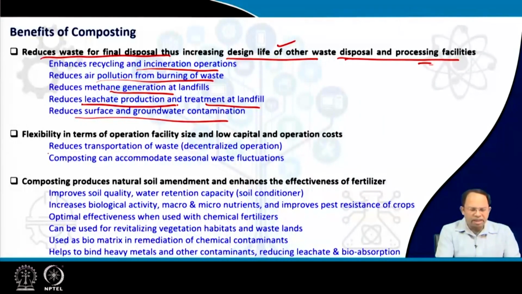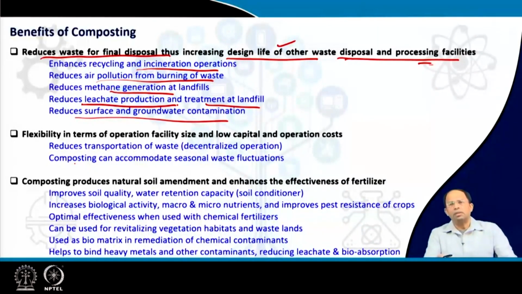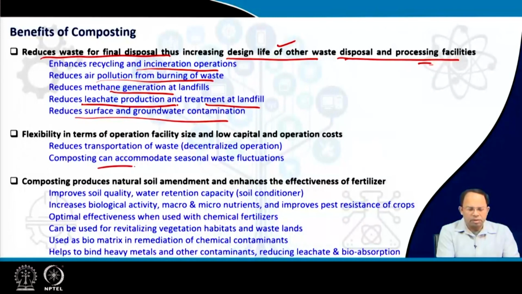Then composting has two issues. One is the scale of composting. That means we can do it at the house, at a residential scale. We can do it at a decentralized scale, or we can do it at a centralized scale. And also, the quantity of waste that comes for composting varies at different seasons, right?